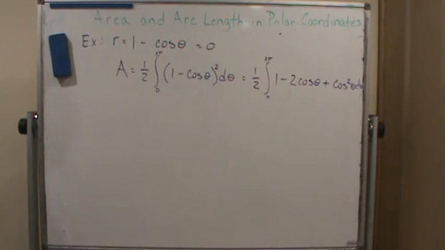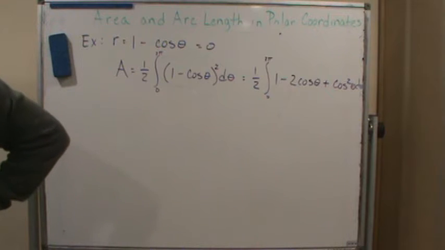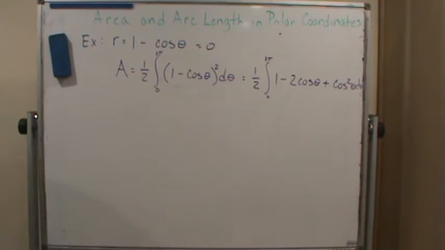Okay, so now here we have to remember our identities again. In this case, we have that cosine squared that we have to deal with. Again, we don't want to use the Pythagorean identity here.